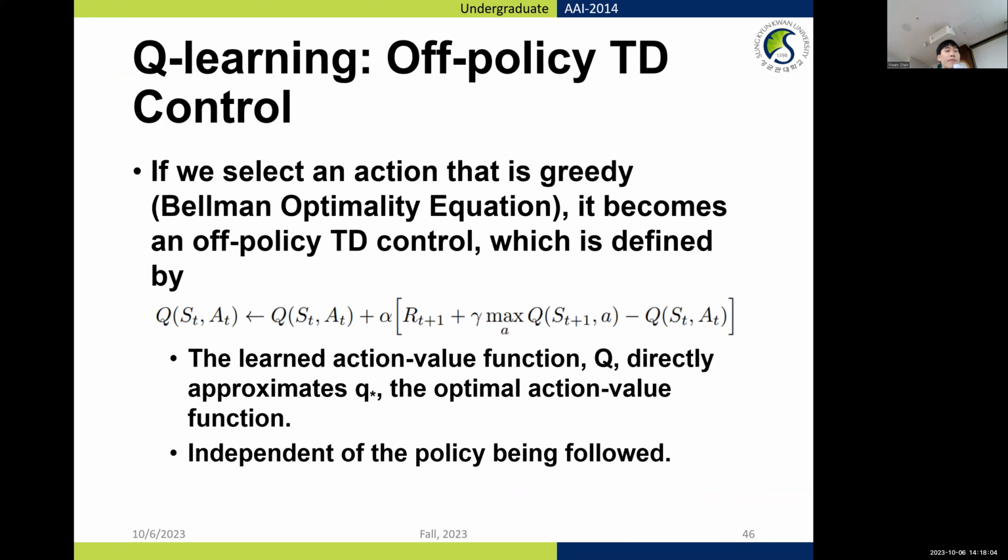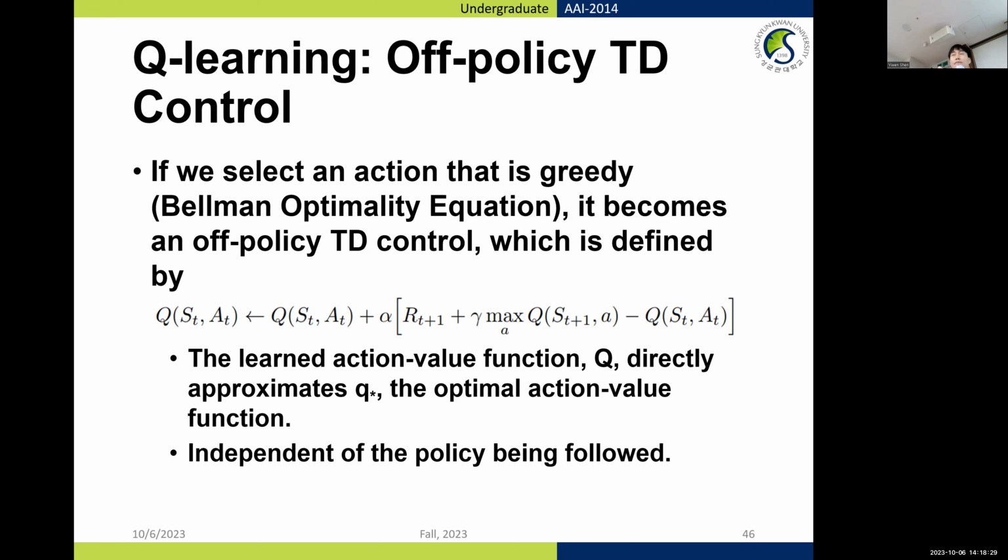Now we move to a new method, which is Q-learning. Q-learning is actually a quite famous learning algorithm. You will see it used in a lot of places because it is off policy, and it is also TD. It updates the control, the policy, based on TD. It has a lot of features.